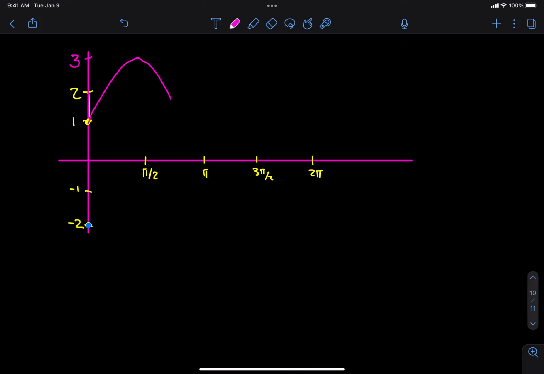And it should return to 1 at pi, and then it's going to dive down. And then at 3 pi over 2, it should hit the minimum. And then it should go up to 1 again. Okay. So something like this, is this what you meant?